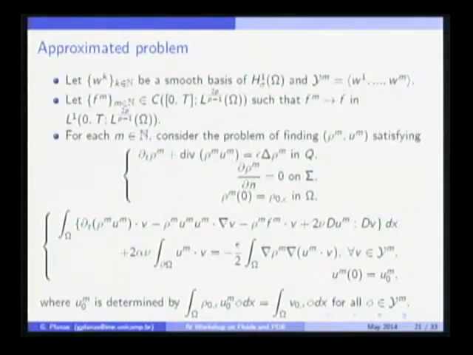Here, in fact, is exactly the parabolic problem. Here we use Galerkin. In fact, it is a system. The idea is to do this: given u_m, solve this problem. This is a parabolic problem, and you have uniqueness of the solution.